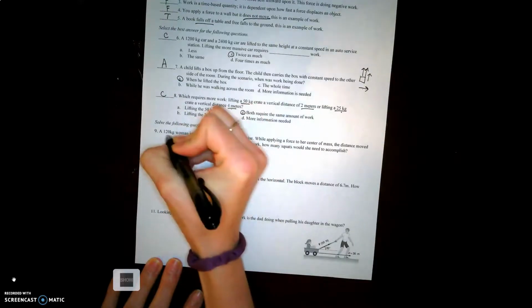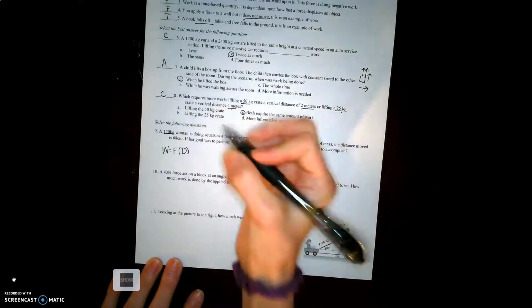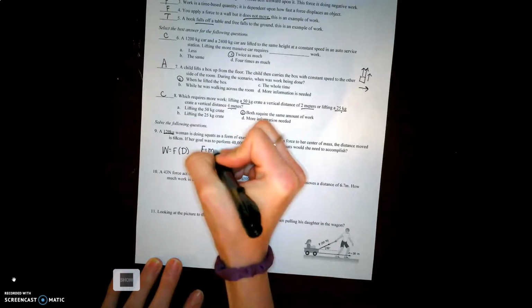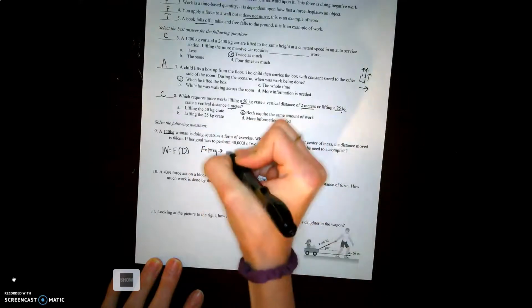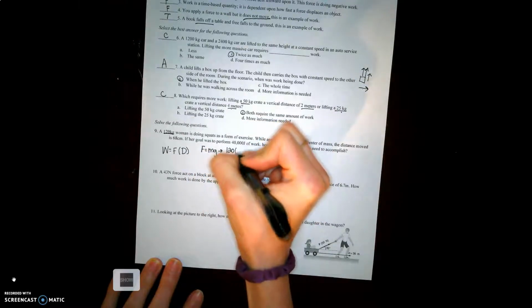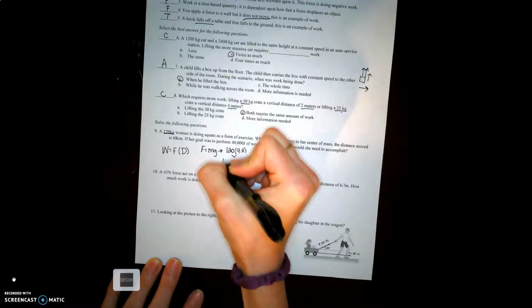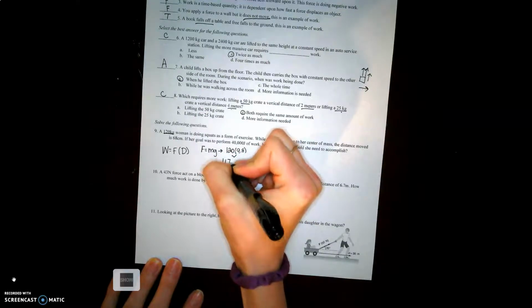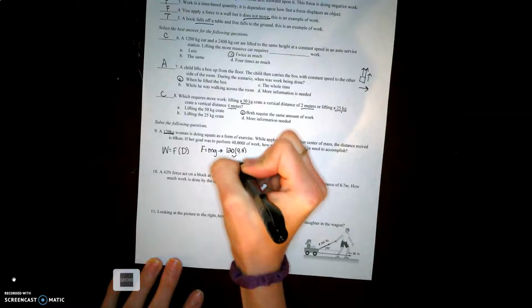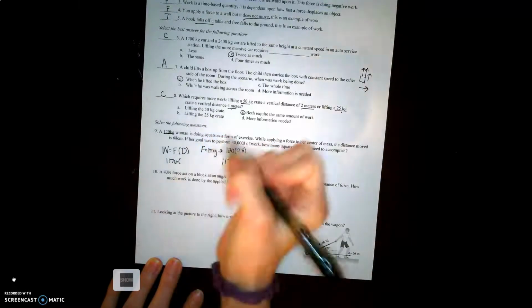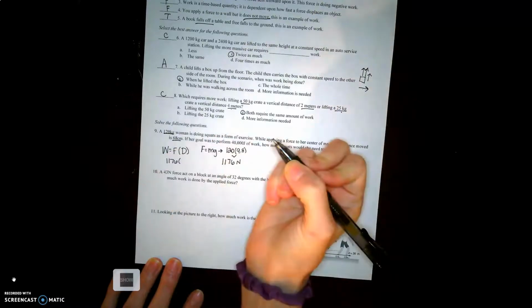They do not give us the force. Again, they give us the mass. And that force is going to be found by mass times gravity. So the mass is 120. Gravity is 9.8. You're going to multiply those two together to get 1,176. And that is your force. So 1,176 multiplied by your distance. That is in centimeters.